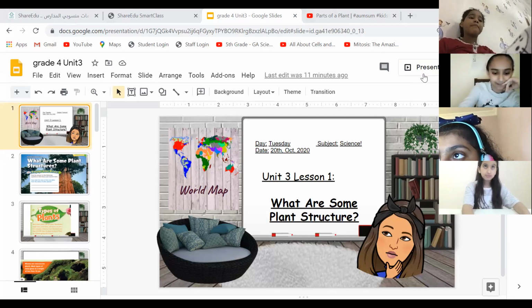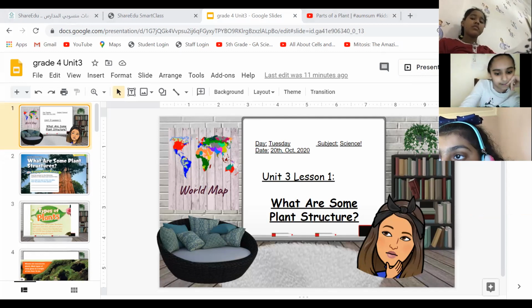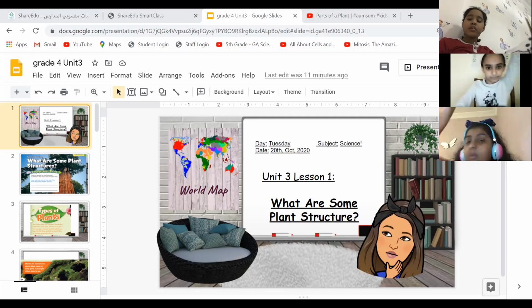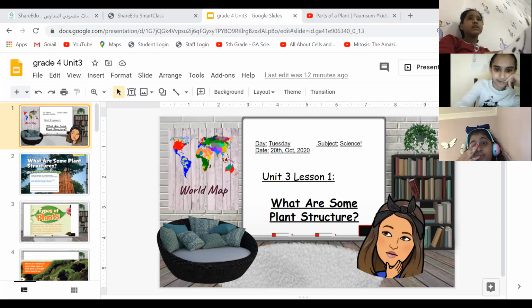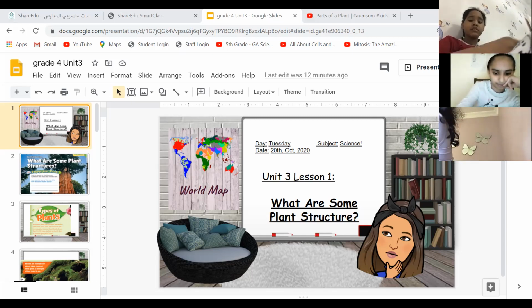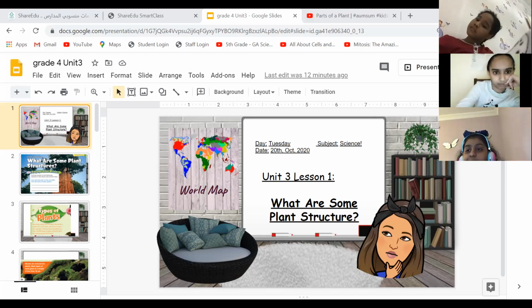Roots and stem. Roots and stem. Okay, what else? Only roots and stem? No, also flowers and fruits and leaves. Yes. And branches. Excellent, excellent. Thank you, Rayana.